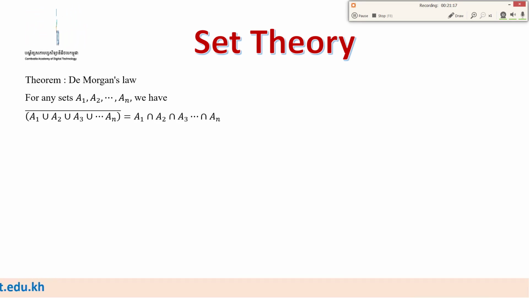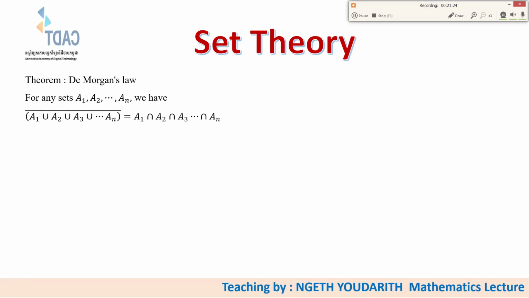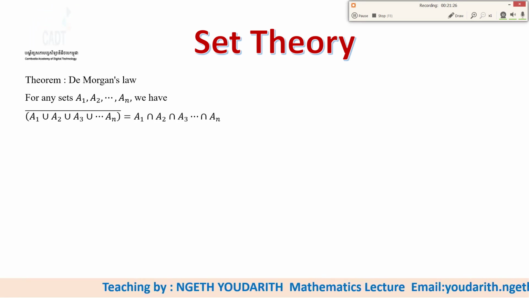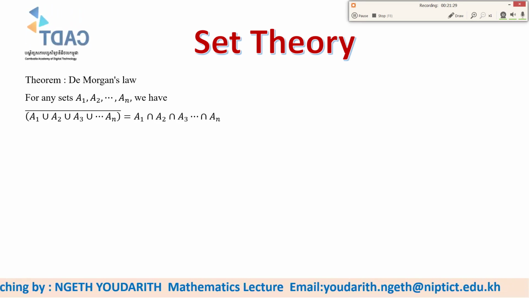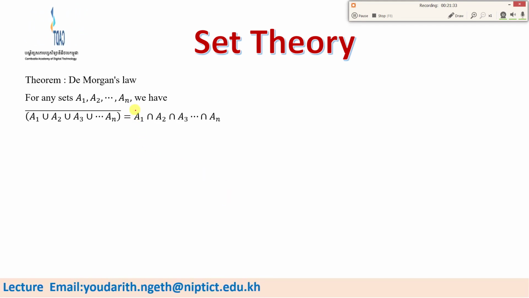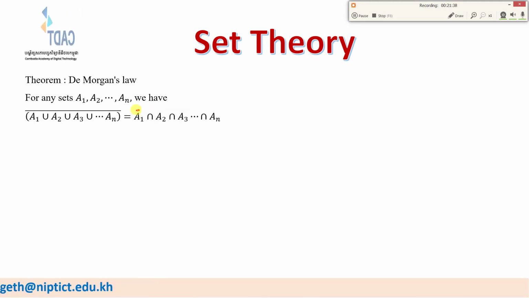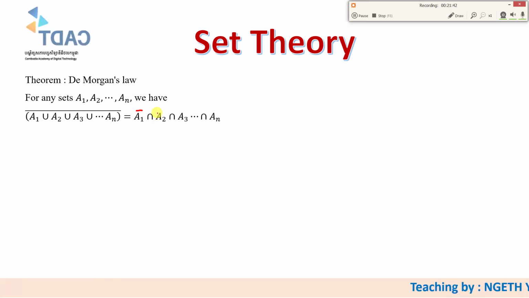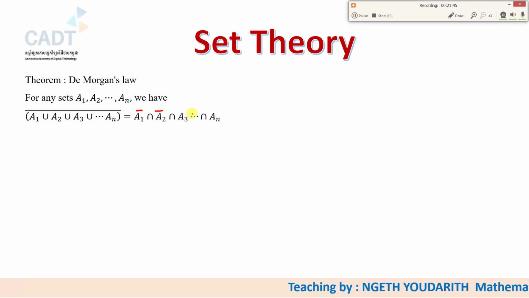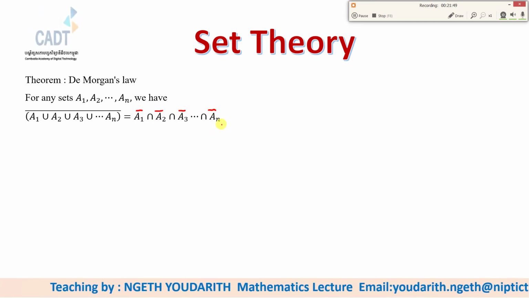The complement of A1 union A2 union A3 union until AN is equal to the complement of A1 intersect the complement of A2, intersect the complement of A3, intersect until the complement of AN.